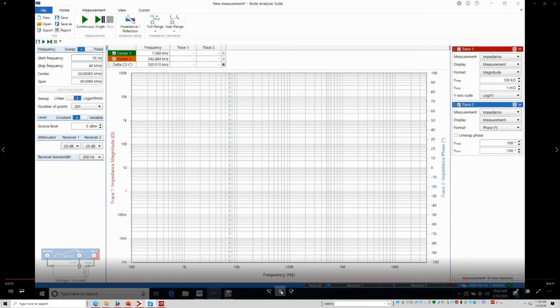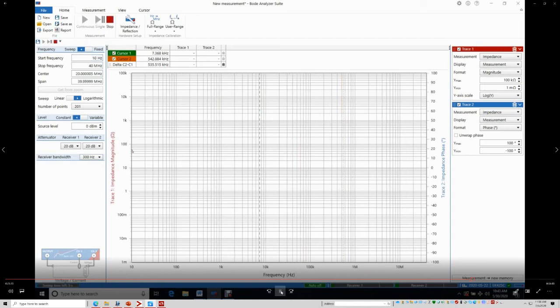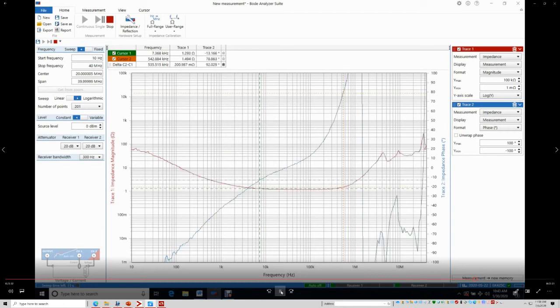This includes the input filter and the power supply itself. We're going to measure from 10 hertz all the way to 40 megahertz, and we'll put a bandwidth, meaning a filter, of 300 hertz. So we're basically ready. Press continuous measurement, so it will continuously sweep across the frequencies.